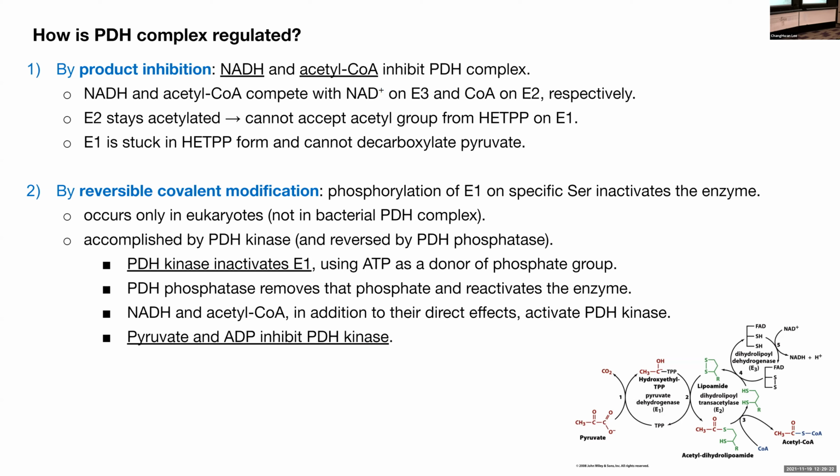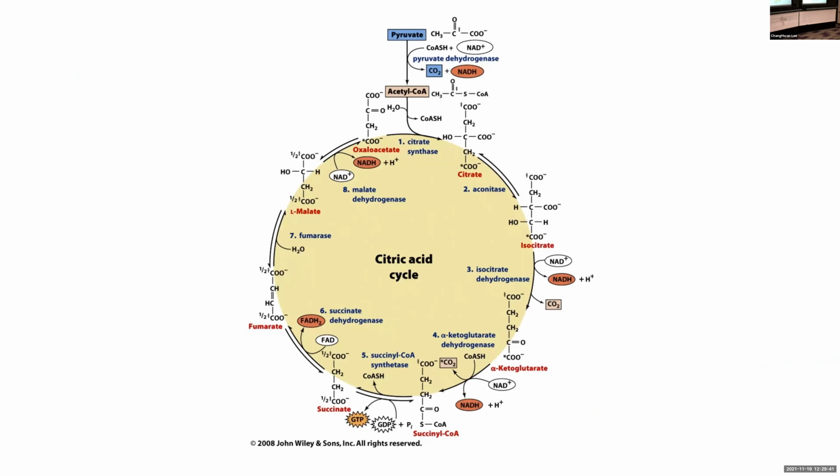So in the end, you're going to get more activity for the PDH complex, which will lead to processing more pyruvate into acetyl-CoA. So it's kind of multi-step, but again, working in the same way for all the other regulations, including allosteric regulations. Any other questions?